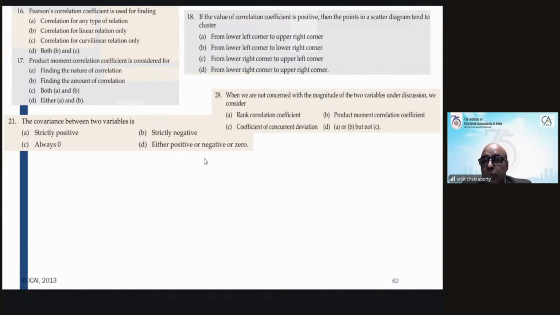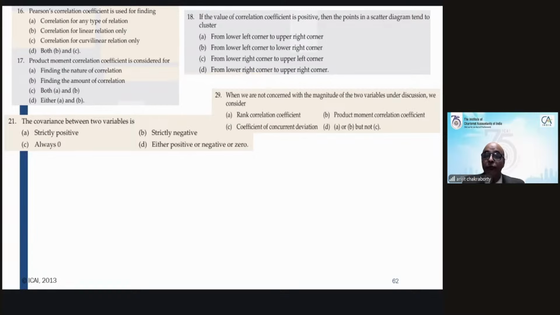Next question, we see 29, set A. When we are not concerned with the magnitude of the two variables under discussion, we consider what? जब magnitude important है, then we use either Karl Pearson's product moment correlation coefficient or Spearman's correlation coefficient, which is also called rank correlation coefficient.